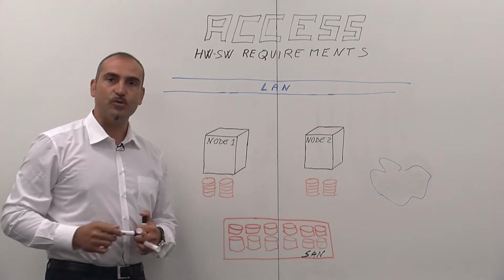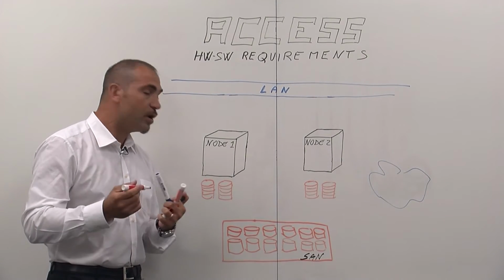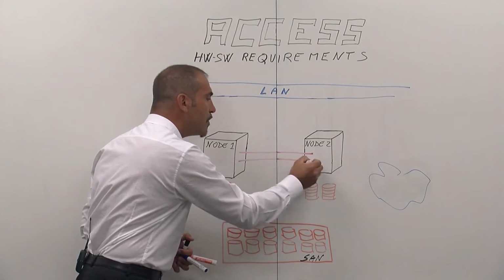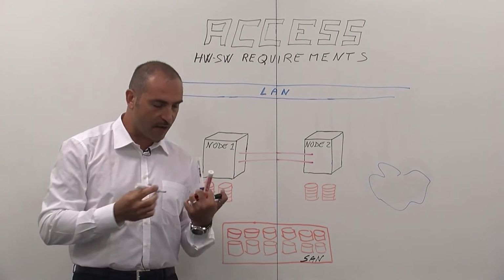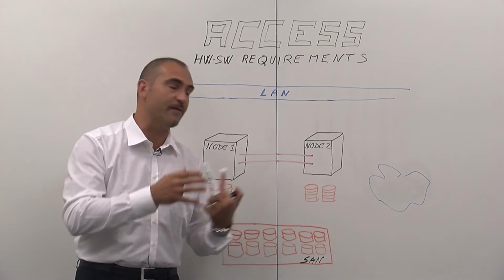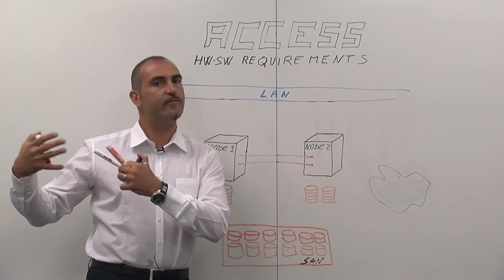Once you configure the software, you need to connect the 2 nodes with a Heartbeat. Remember that the Veritas Access cluster basically is an InfoScale availability cluster with CFS option. The 2 Heartbeats can be connected with several protocols.